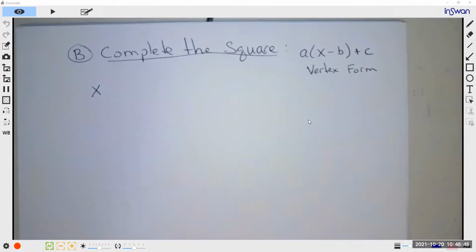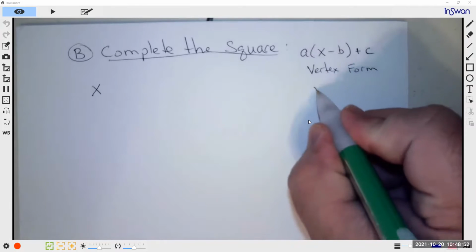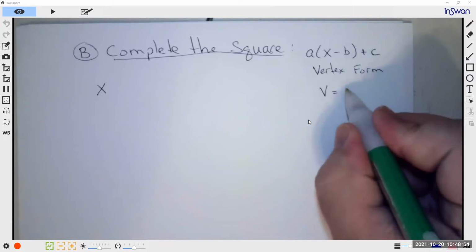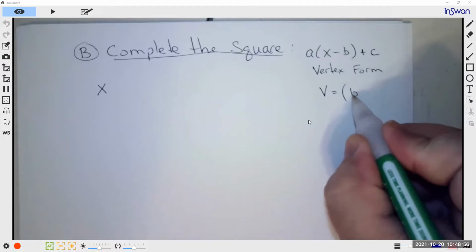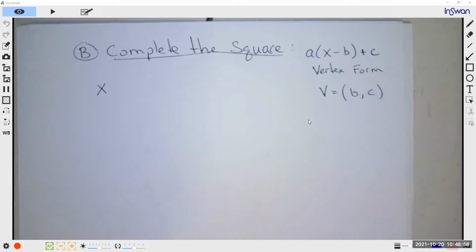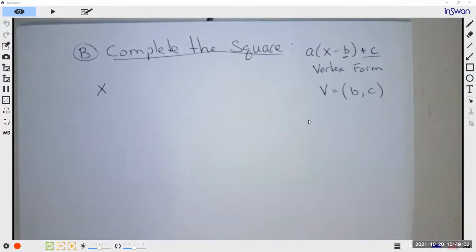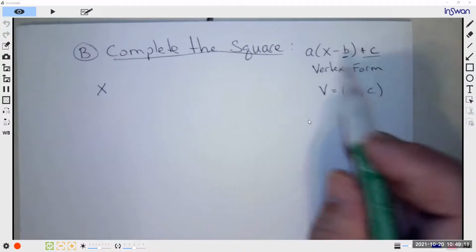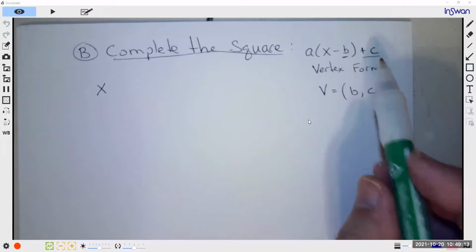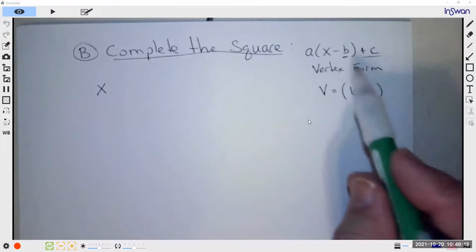This is called the vertex form. Because once we get it into this form, then we know our vertex is going to be B, C. But it doesn't tell us anything else. It doesn't tell us the x-intercept, the y-intercept, or anything else. It just tells us the vertex.